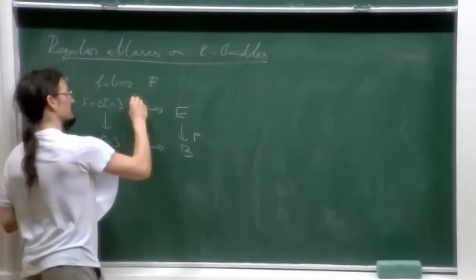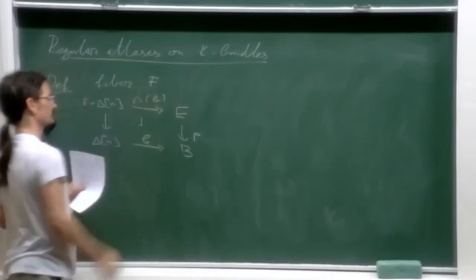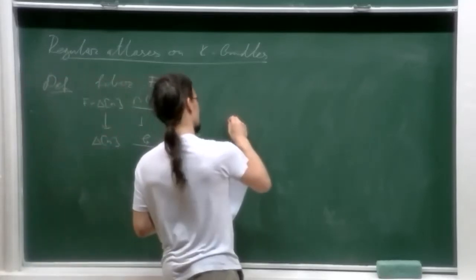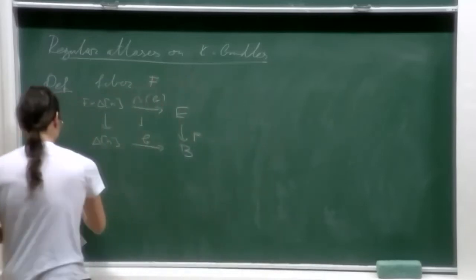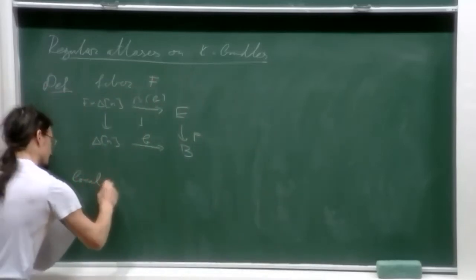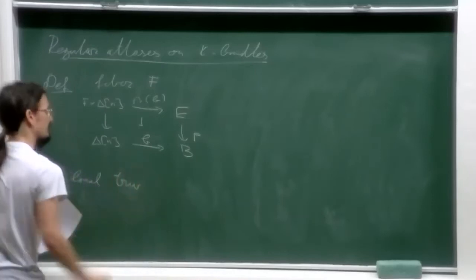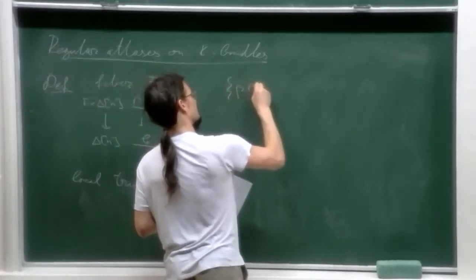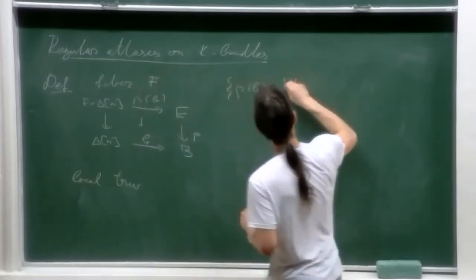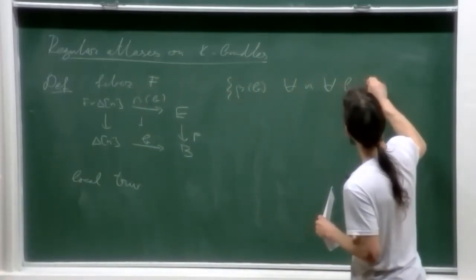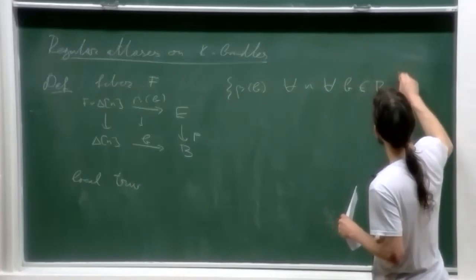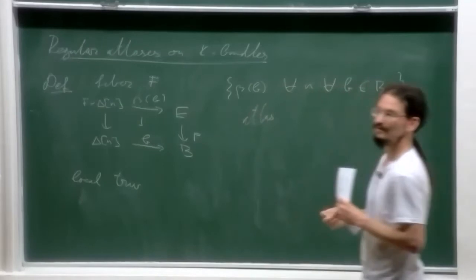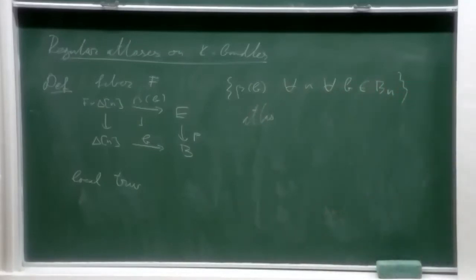So this is going to be denoted by beta B. So this is a local trivialization. And if you're given one such thing for all n and for all n-simplices in B, then you've got yourself an atlas in the simplicial setting.